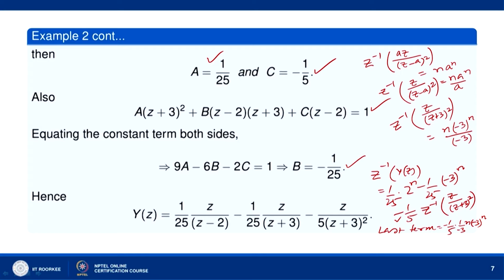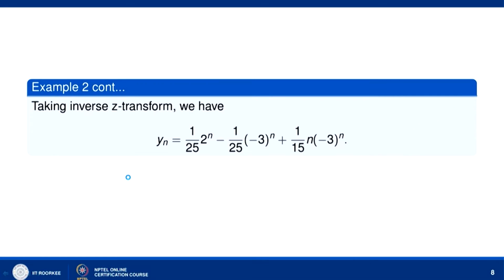So we can now write z inverse of psi z. This is equal to 1 over 25 2 to the power n minus 1 over 25 minus 3 to the power n, and then plus 1 over 15 n times minus 3 to the power n. So this is what we have here.